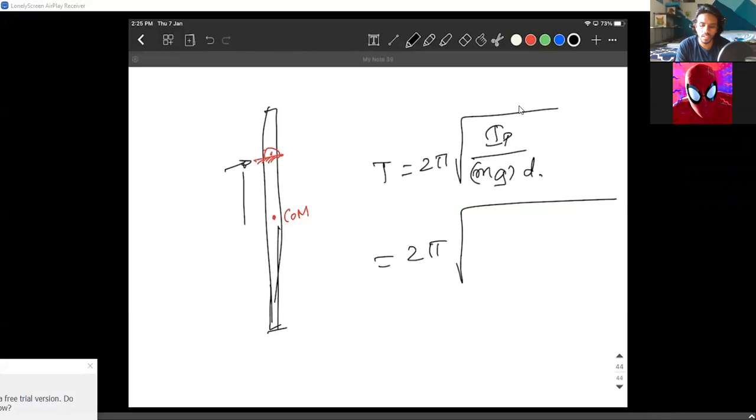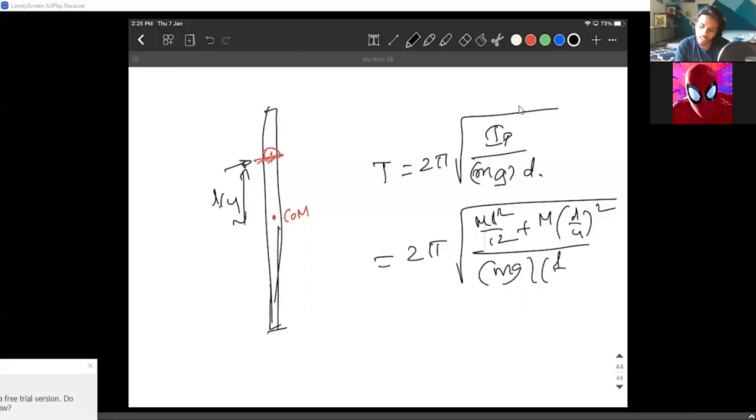You have to write the shifted moment of inertia: ml square by 12 plus m into L by 4 whole square, by mg into the distance L by 4. So this is the time period. I hope this is the answer that you got yesterday, Ganesh. So this is how you simply do it.